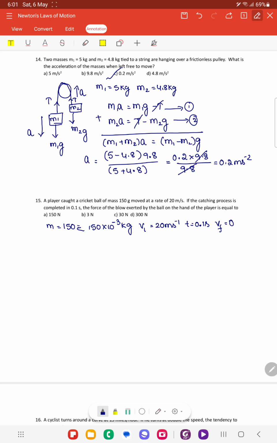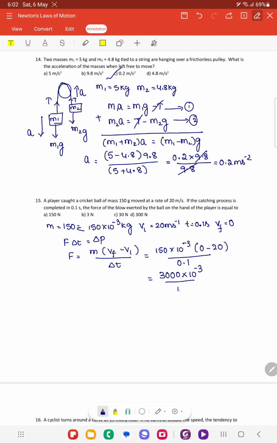So we can apply Newton's second law, that is impulse is force into time, which is equal to delta P, or Newton's second law is F is equal to delta P by delta T. So we have force F is equal to m into Vf minus Vi divided by delta T. So substituting the values, 150 into 10 raised to minus 3, 0 minus 20 divided by 0.1, which is equal to 150 into 20, 3000 into 10 raised to minus 3. 0.1 can be written as 10 raised to minus 1.